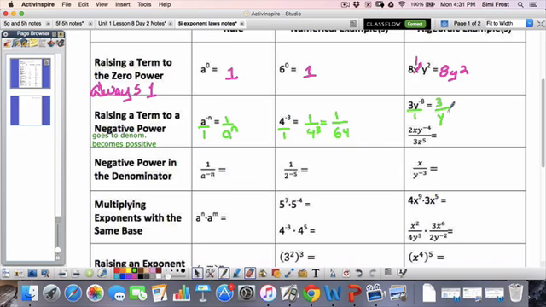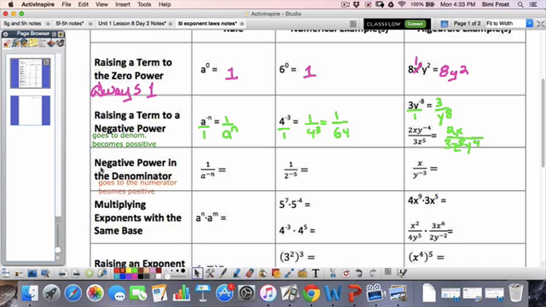But y to the positive 8. In this one here, the only thing that's moving is this y up here. The 2x stays there. The 3z to the 5th stays there. But this y, to make it a positive exponent, I have to move to the denominator. And we do want positive exponents.